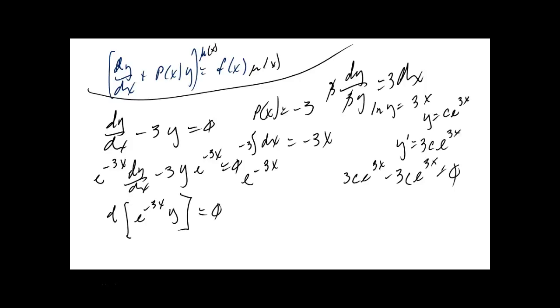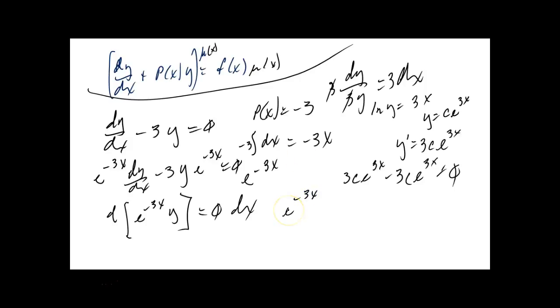Because if you take the derivative of this, you get e to the minus 3x dy plus the derivative of this, which is a minus 3e to the minus 3x times y. So that's what that is. And this is d, and then we do our dx over here.